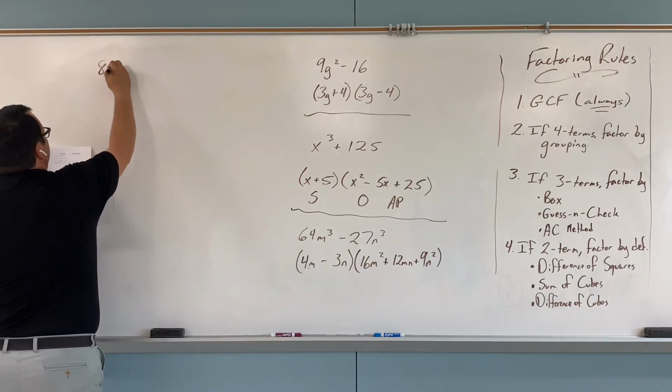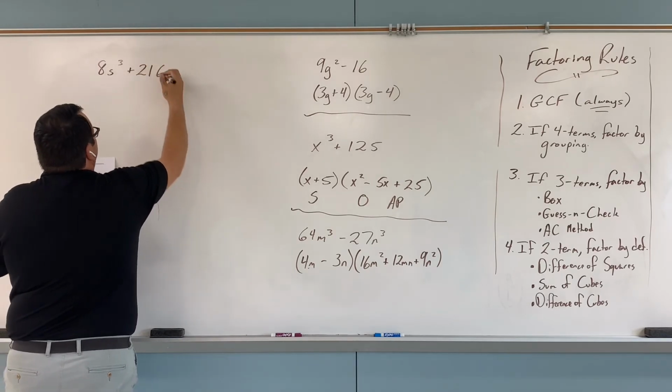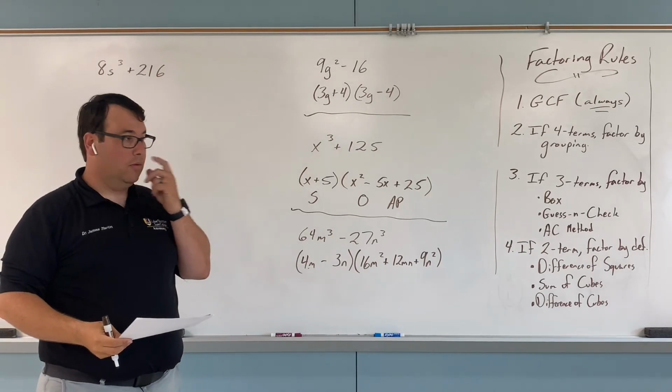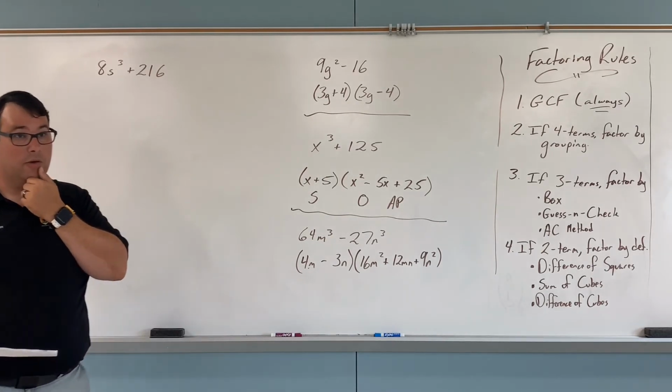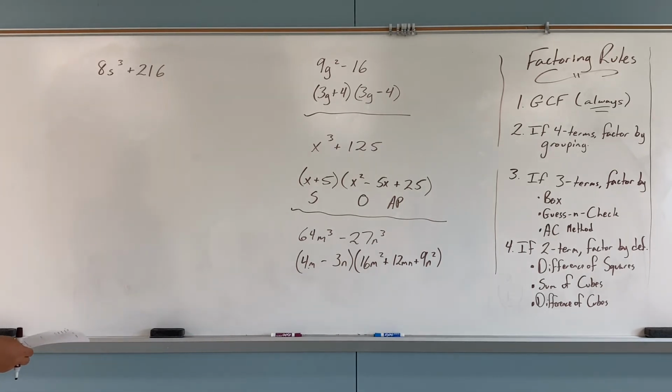I have 8s cubed plus 216. Now those are perfect cubes, and they are even, so you could technically do a GCF here. So what goes into both 8 and 216? I wonder. 2, obviously, right?